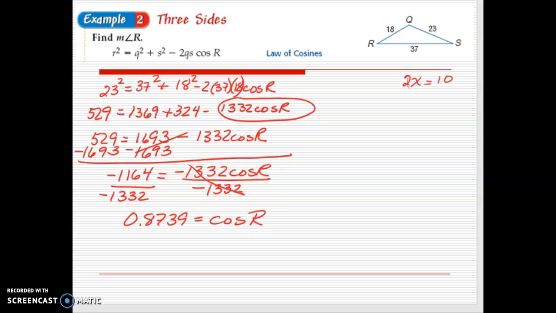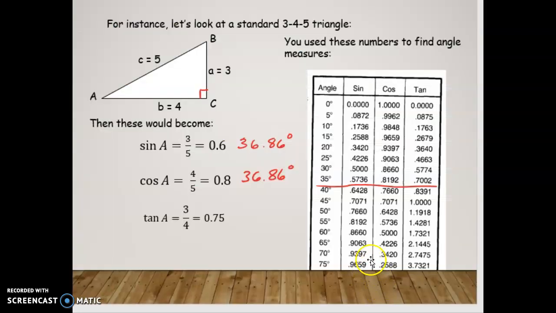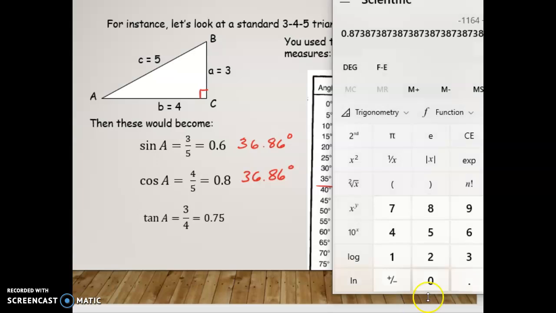Now remember all the way back, we had that little chart. So somewhere, the angle whose cosine is 0.8739 is going to be between 25 and 30 degrees. That's what we're looking for off our calculator.